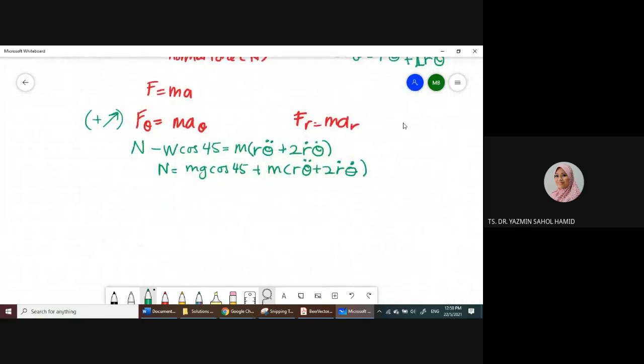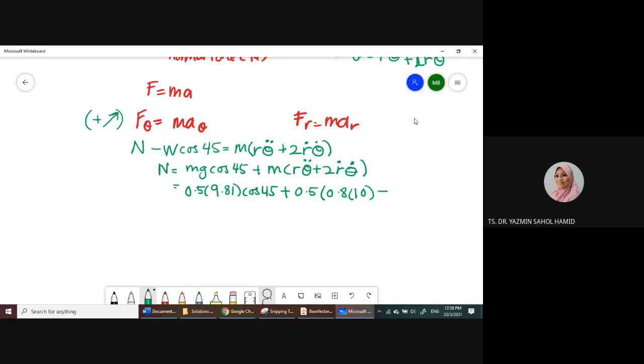Our mass is in kg, 0.5 times 9.81 times cos 45 plus, what is our mass? Again 0.5. And what is our r? We have it already. What is our theta double dot? The acceleration, right? It's given in the question. 10.